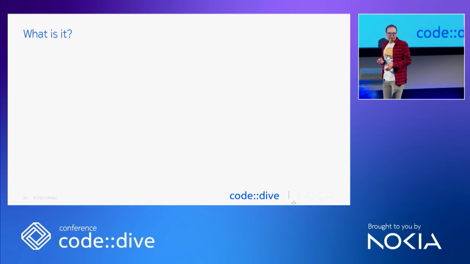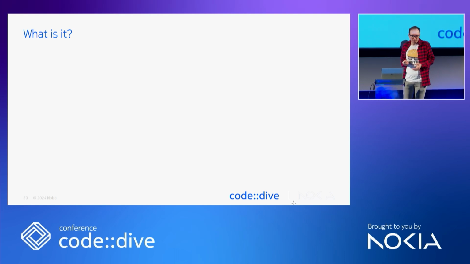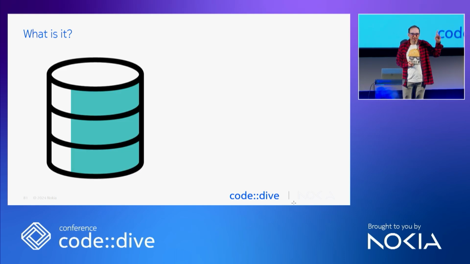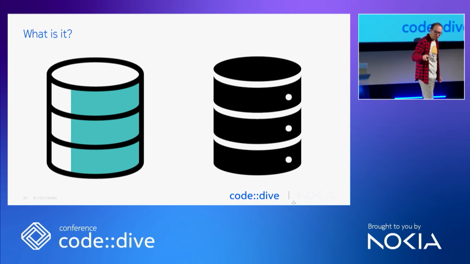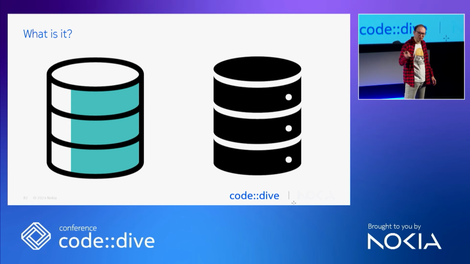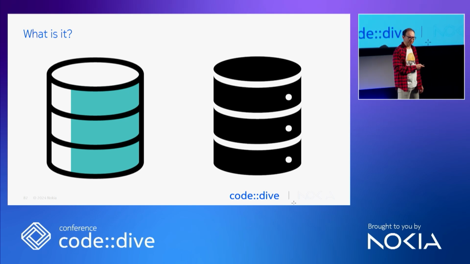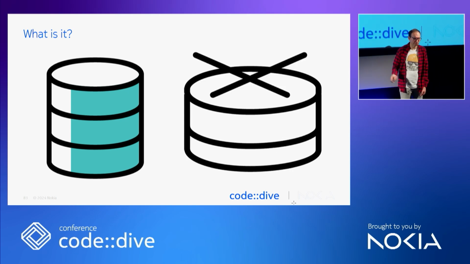Let's make an exercise, okay? What is it? Anyone? Database, yes, great. But I would argue that this is a better database. It can be any type of storage, actually. But I can always say that this is not a database, it's a drum.